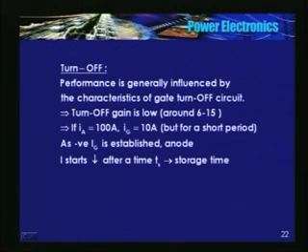Now the turn off of a GTO is greatly influenced by the turn off circuit. Unfortunately, the turn off gain of a GTO is very low. Turn off gain is very low. It could be of the order of say 6 to 15, generally.